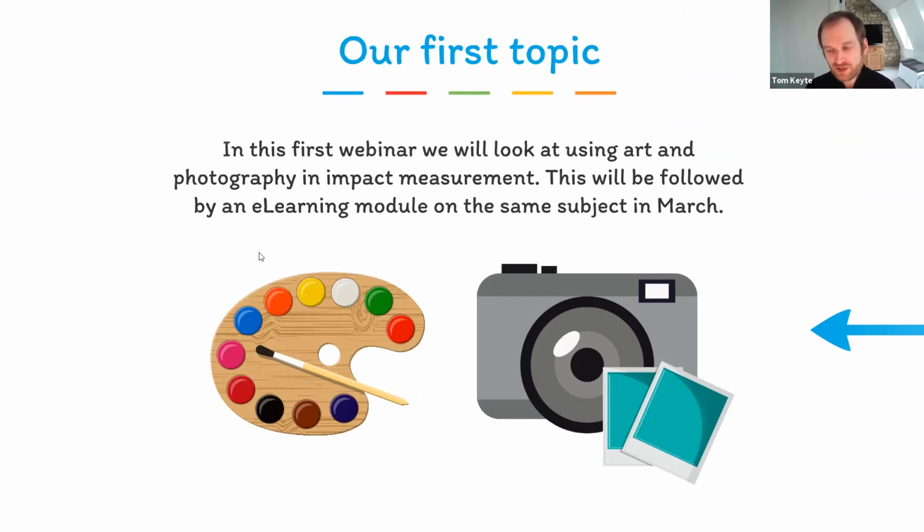We had a lot of discussion on this internally, whether to launch an e-learning module and then follow it with the webinar, or do the webinar and then e-learning. We've decided to do it this way around because you can then influence the e-learning modules. So a bit later in the webinar, we're going to go through 8 different methods, at a very light touch, just some different ideas about methods you can use with art and photography in impact measurement.